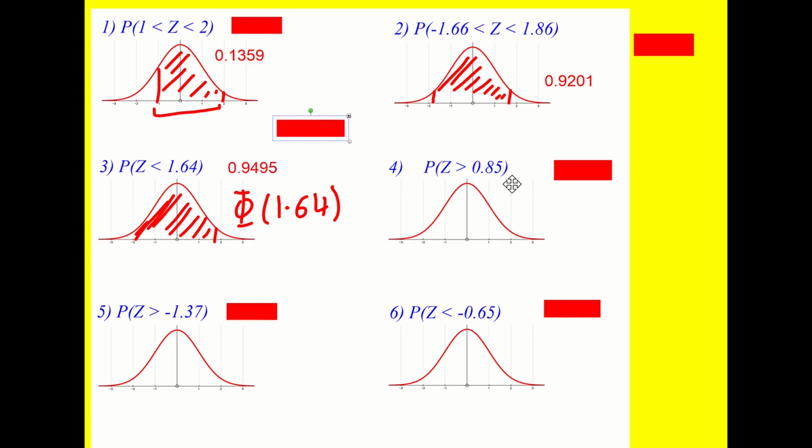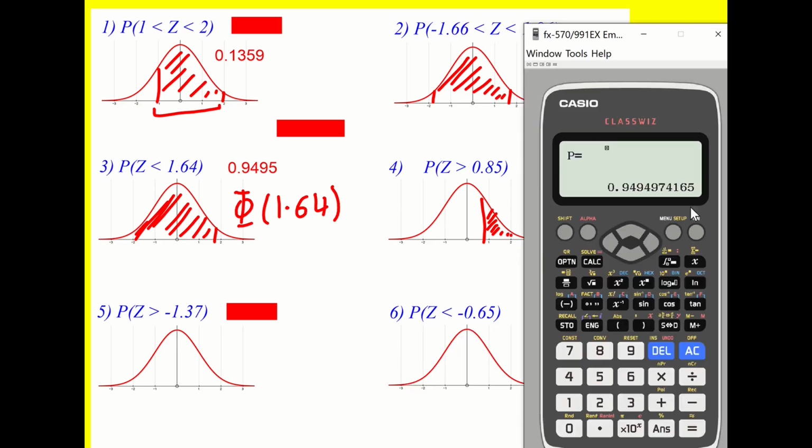All right, I want you to pause the video and have a go at number 4 yourself. So the probability that Z is greater than 0.85. Well, for this, it's going to be very similar, but make 0.85 the lower limit. And now just put a load of 9s in.